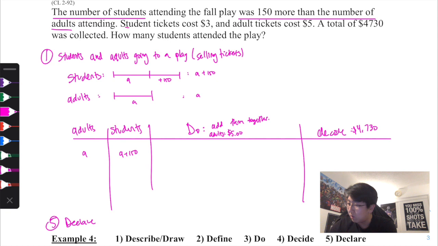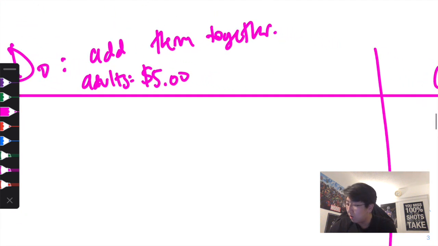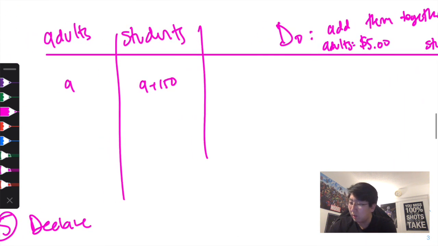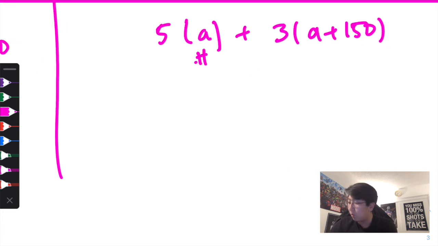Student tickets cost $3. So if each adult ticket is $5, that means $5 for each adult plus $3 for each student. Notice that this is number of adults and number of students.